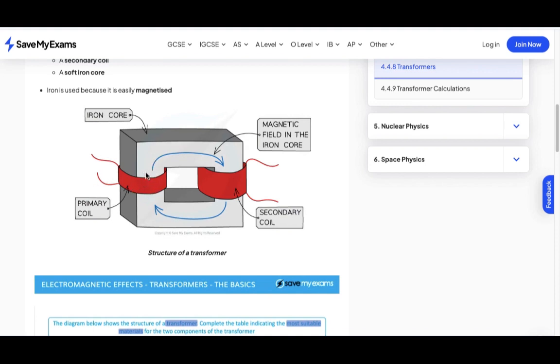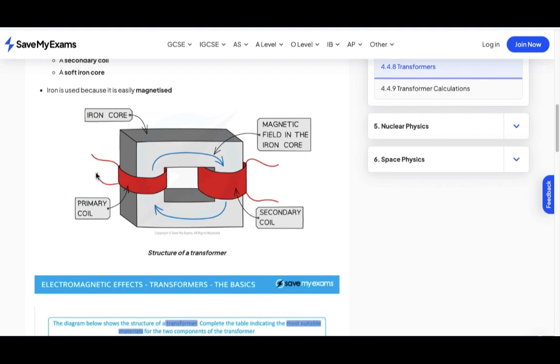And in a transformer, we need a changing magnetic field so that the field produced in the primary coil side will be linked through the soft iron core to the secondary side. So that's why we need a changing magnetic field.